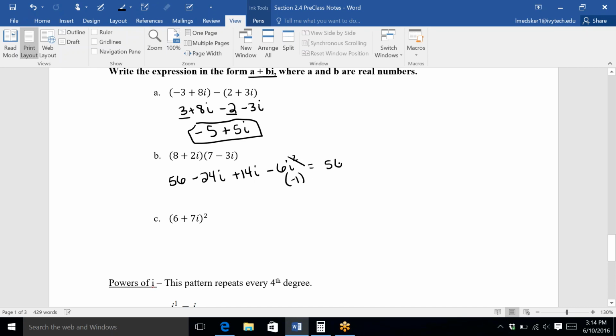So this is actually 56, I'm going to go ahead and combine like terms in the middle. That would be -10i, and this is -6 times -1. That's actually +6. So an i squared attached to a number will turn the number into the opposite sign with no i. So then 56 and 6 would be 62 minus 10i.